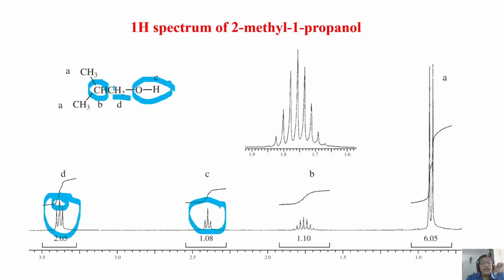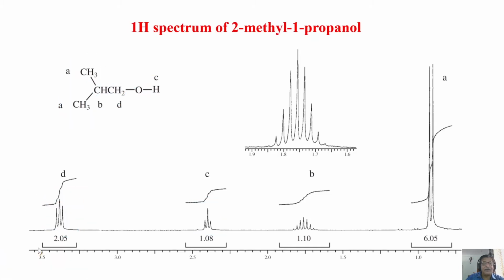Fantastic. What about the CH proton? This is a very complex spectrum it will give. This group especially. The reason is it is coupled to two CH3s and also CH2. Remember the multiplicity pattern I explained to you. When one of the protons is coupled to two other sets of chemically equivalent protons, you work out the multiplicity pattern.